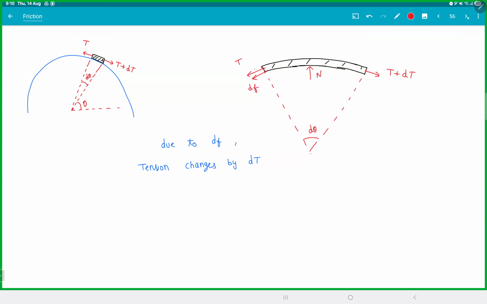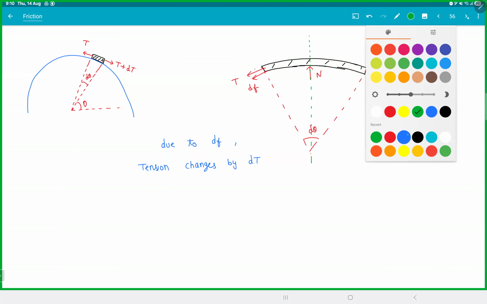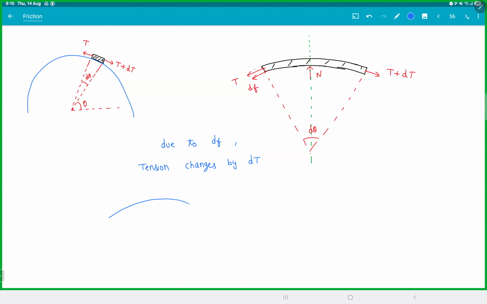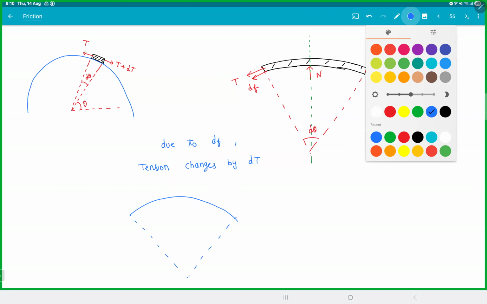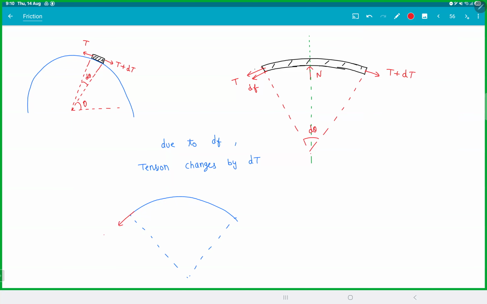Now a bit of geometry here. If you drop the angles here, check out the angles. Remember, these tensions will be horizontal, so this is 90 degrees.